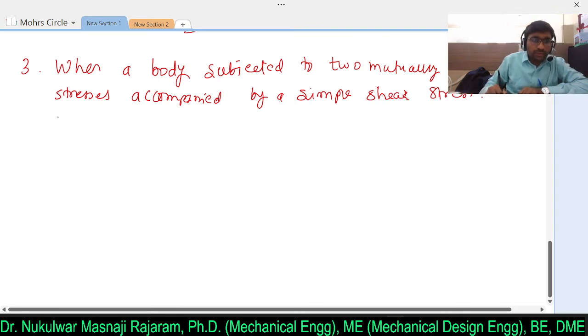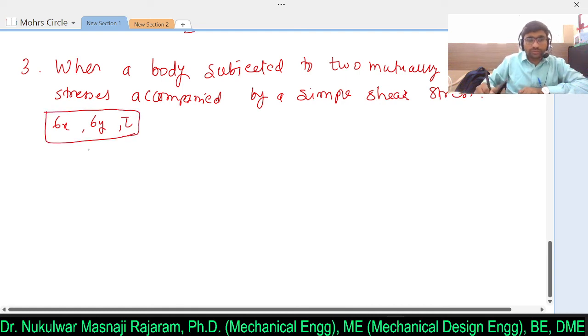So previously we were using only sigma x, sigma y. Now here we will consider shear stress tau also.